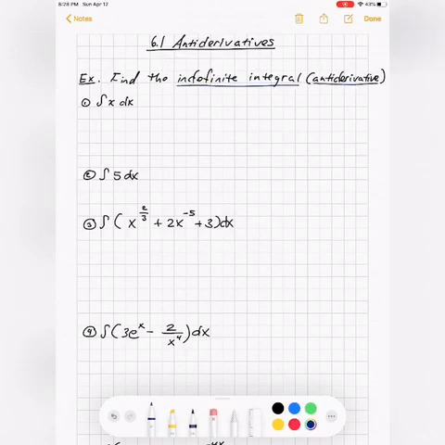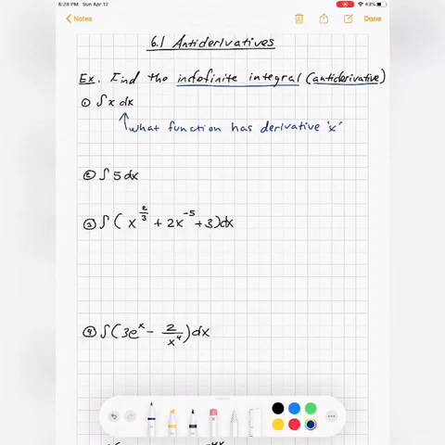Well, here's the way I think about this. I'm thinking what function has derivative x.